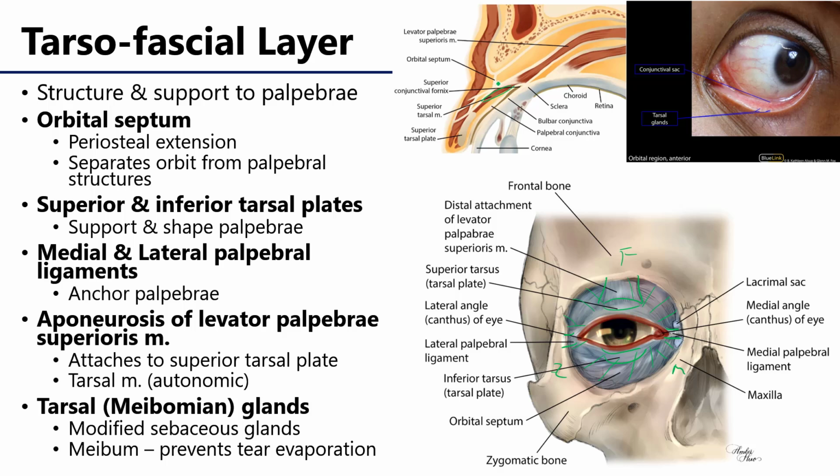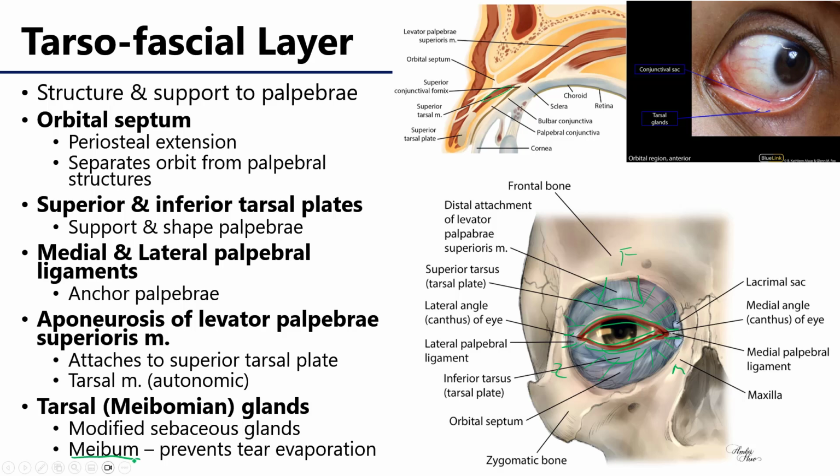Also part of this tarsofascial layer is a thin layer of meibomian glands. These are modified sebaceous glands, modified oil glands, that secrete a substance known as meibum.